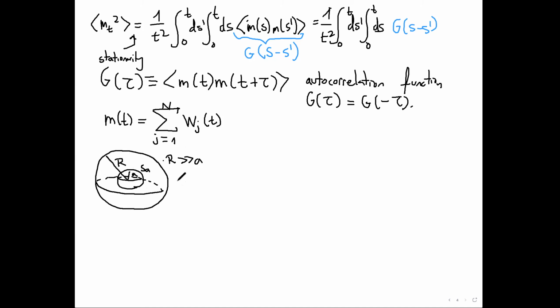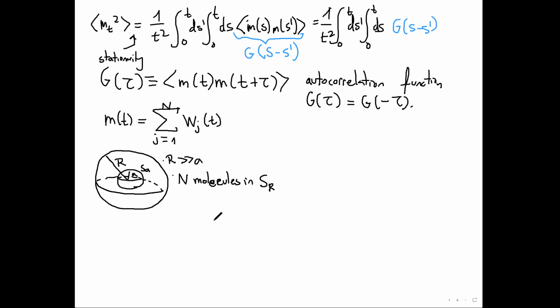This is an assumption. Another assumption is in the volume R, so this would be like, for example, a full container where the cells are moving, there are a total number of n molecules in the big sphere SR, okay? And this is conserved.